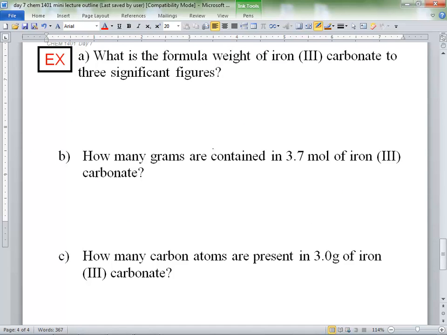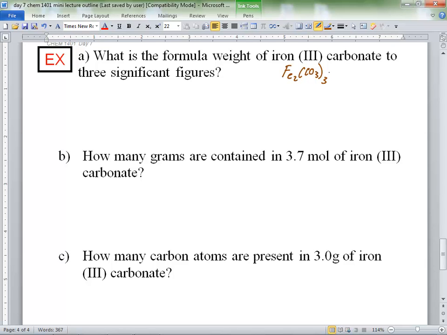What is the formula weight of iron 3 carbonate? So I'll remind you what it was. Iron 3 carbonate. What is the formula weight of it to 3 sig figs? Do it in your calculator, but don't do any rounding. Find the molar mass or formula weight of iron 3 carbonate to 3 sig figs.